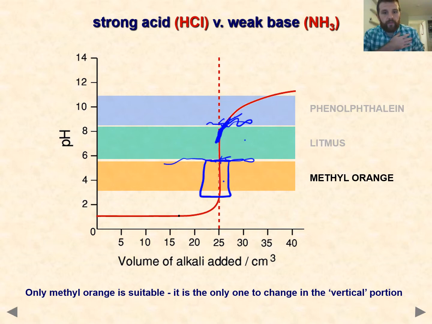What we're looking for is methyl orange, which is going to be completely vertical, and we're going to have a color change when we're getting very close to that equivalence point. Indicators aren't the best way of measuring this, but it's traditional that we've used them. Now with the development of pH probes, we're able to get a lot more accurate results, but this is what indicators do. This is how they were and are used.